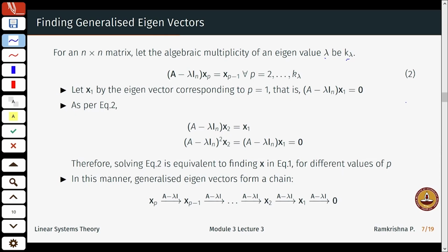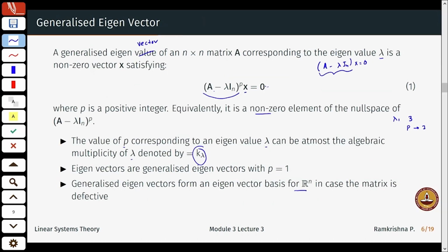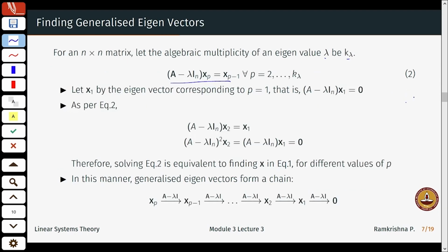Now, to find the generalized eigenvector, I just define an expression which is like this. I am again looking at non-zero solutions to an equation like this, equation 1. So, if I go about doing it this way, what I get as a first expression is (A minus lambda I) times x2 is x1.